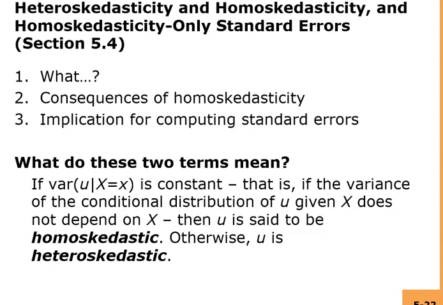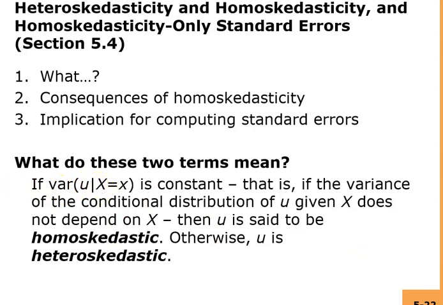So what we mean is that the variance of u given any x should be a constant number. So if x is changing, the variance of u should remain the same. Remember that the first OLS assumption is that the expectation of u given x should be equal to 0.